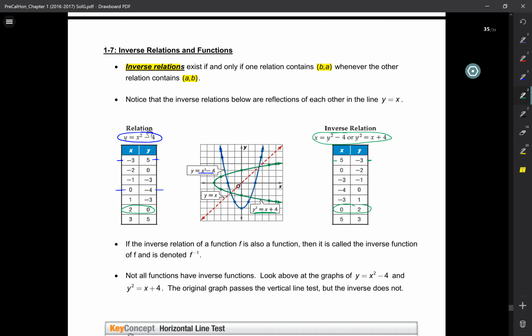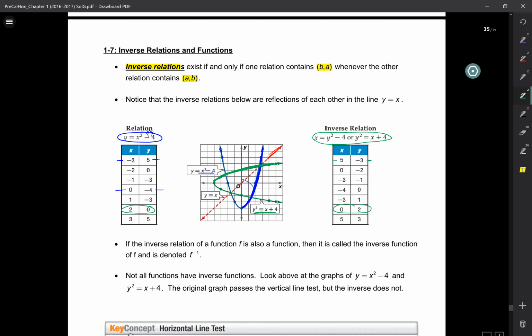Another characteristic is the following. Suppose you have a line of reflection, suppose this red line is a line of reflection. Let's take this right arm of the parabola. If I were to reflect this along the red line, then I would get this upper part of the inverse.